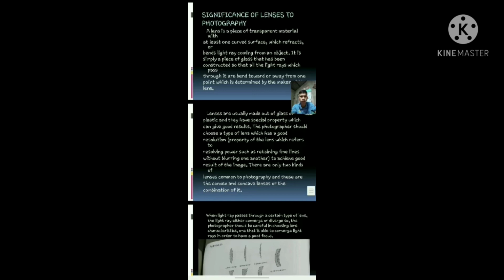There are only two kinds of lens common to photography, and these are the convex and concave lenses, or a combination of them. When a light ray passes through a certain type of lens, the light rays either converge or diverge, so the photographer should be careful in choosing one that is able to converge light rays in order to have a good focus.